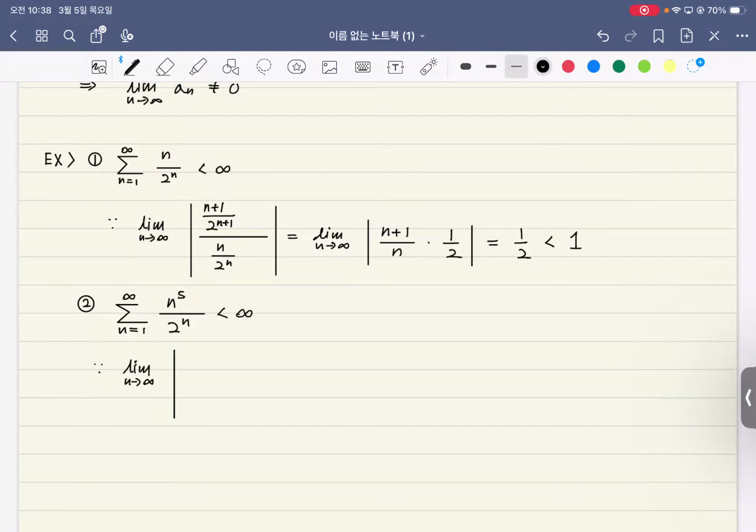But this is a n plus 1, sorry, a_(n+1) always goes to the top of the fraction, and a_n goes to the bottom of the fraction. So as n goes to infinity, this is (n plus 1) to the fifth over n to the fifth times 1 over 2. So this is still 1 over 2, which is clearly less than 1, so this one is also convergent.